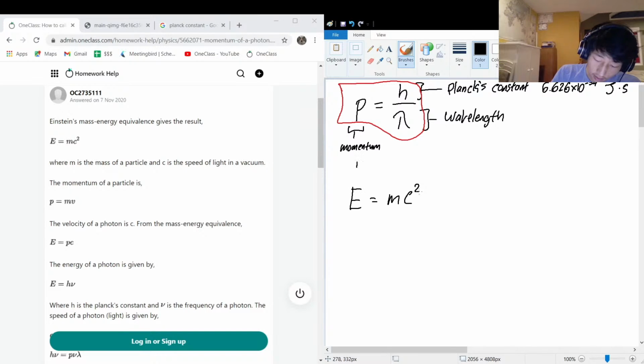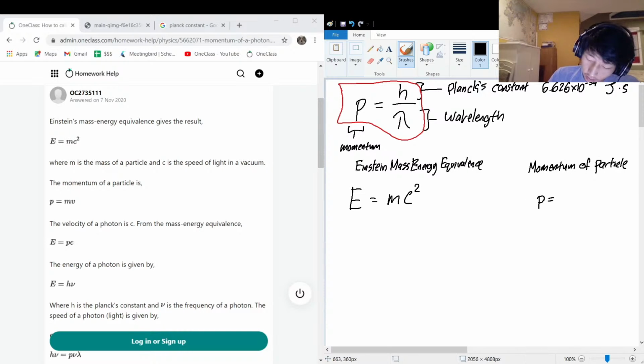So this is Einstein's mass energy equivalence. And then we have momentum of a particle, which is just P equals mass times velocity.